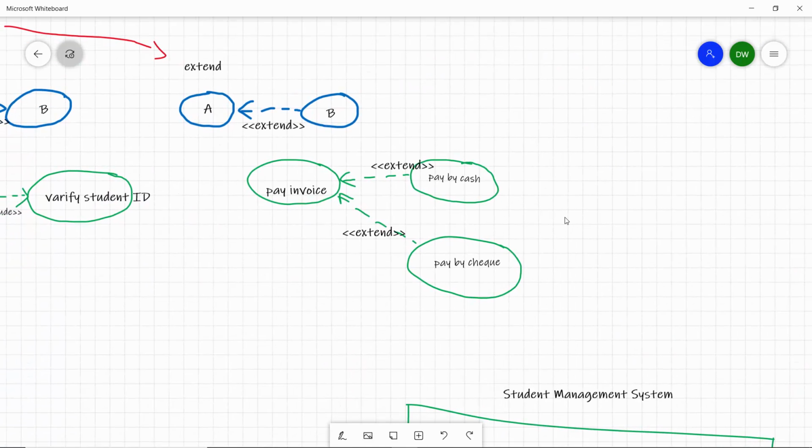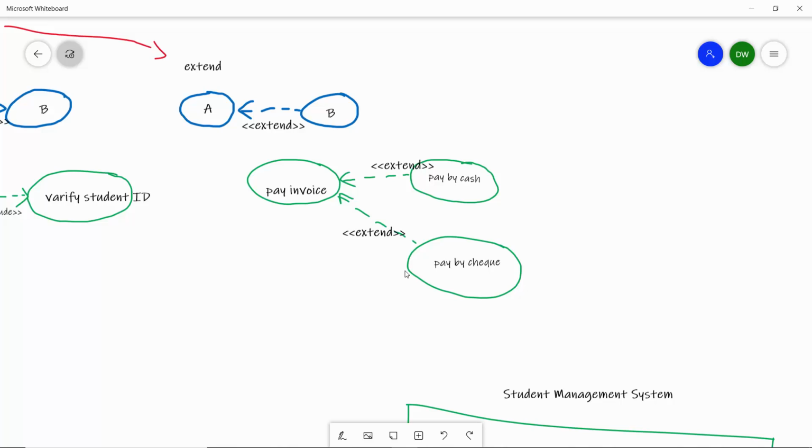In the example which I have taken, what I wanted to represent is, here I usually do this pay invoice tasks using online payment method, and in my system this pay by cash and pay by check are optional activities to do.